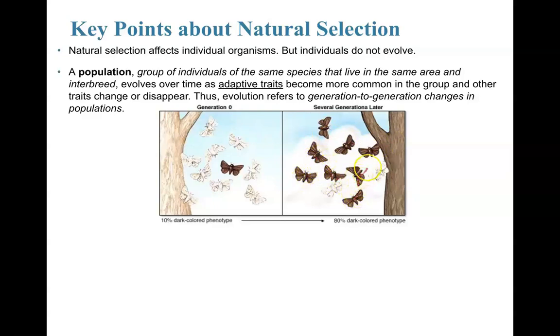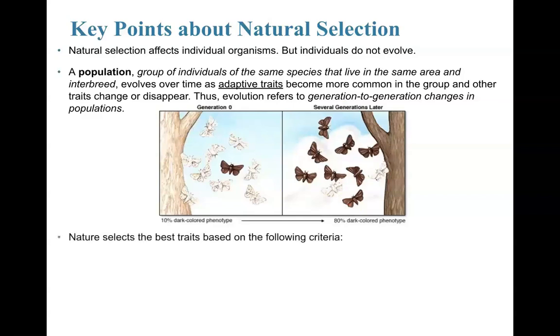And I can actually see generations later, those brown moths are going to be selected for, and natural selection is going to be in their favor. They are able to reproduce more successfully than those white moths. So over time, within the population, I can see evolution occurring within this moth example. So, key points about natural selection then, in order for natural selection to occur.